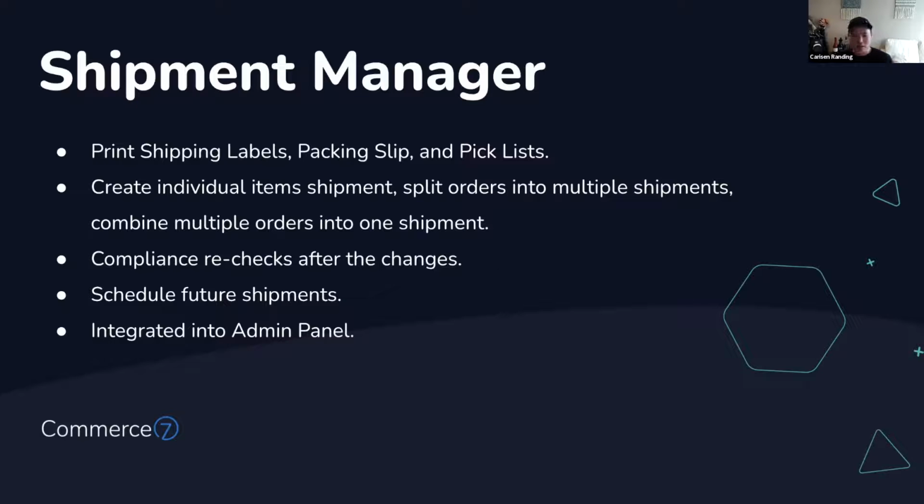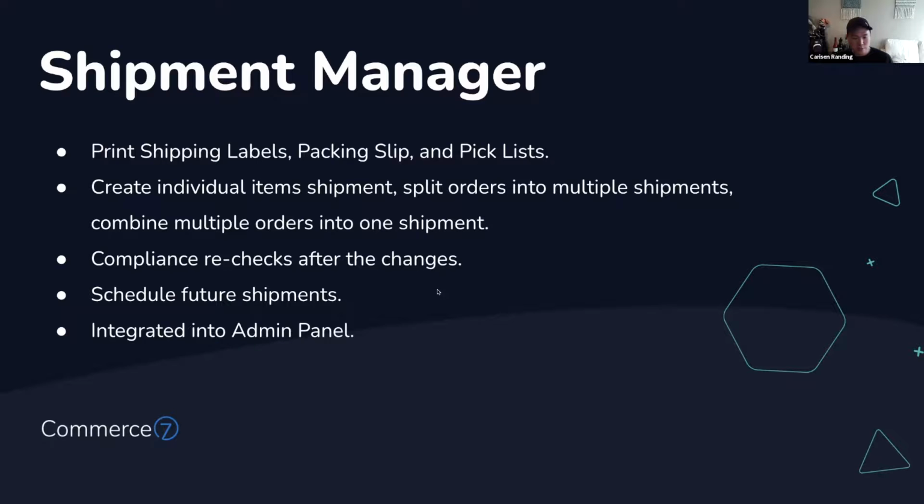It's got the ability to schedule future shipments. So this is a great feature for pre-orders or future products. You can schedule future shipments using Shipment Manager, and it's directly integrated into the admin panel. So instead of having to toggle between multiple tabs, Shipment Manager is actually built into the Commerce7 admin panel.